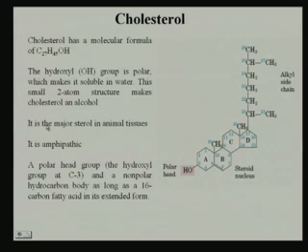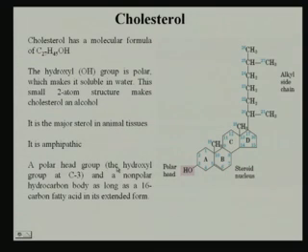It is the major sterol in animal tissue. It is amphiphilic, amphipathic in nature. That means on the 3rd carbon of this first A ring, the hydroxyl group is attached.